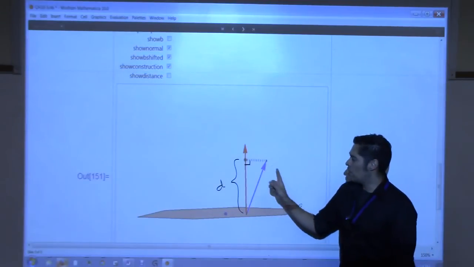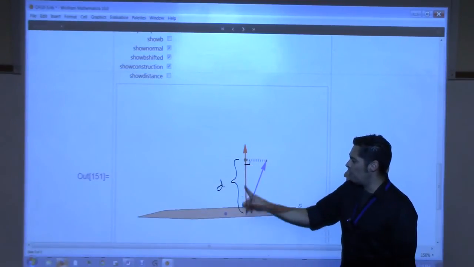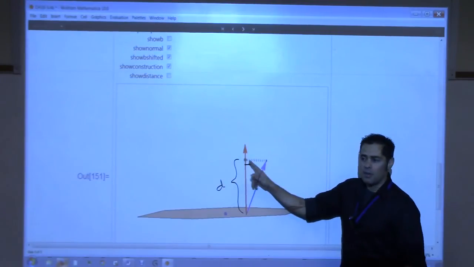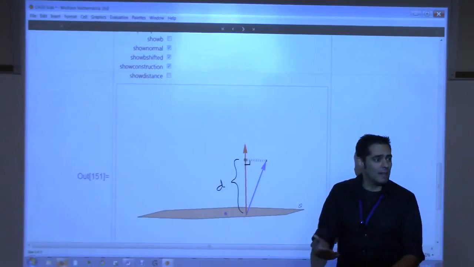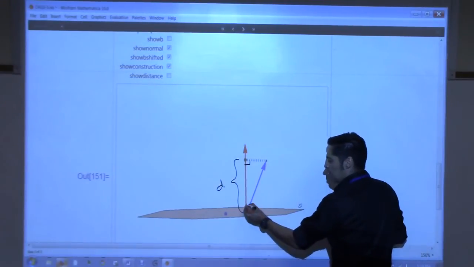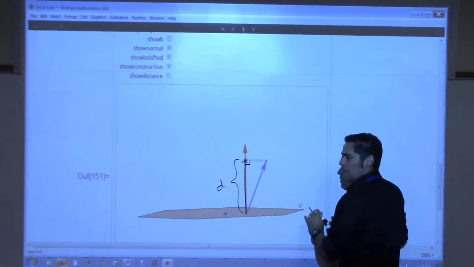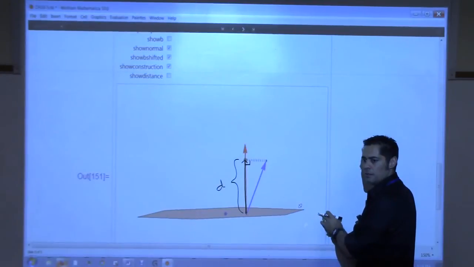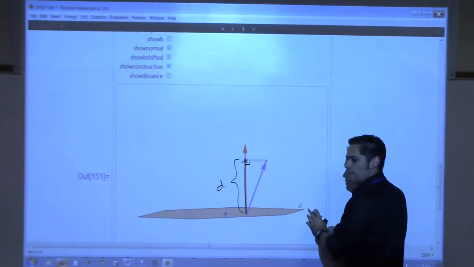The projection of the blue one onto the red one would be a vector going from here to here, right? The component of the blue one onto the red one is the length of that vector, isn't it? So if I can just come up with this vector right here and take its length, then that would be d, yeah? So I want the component of the blue onto the red.